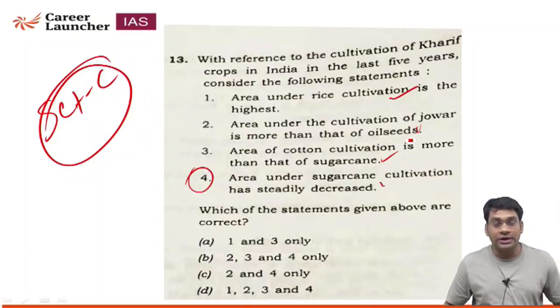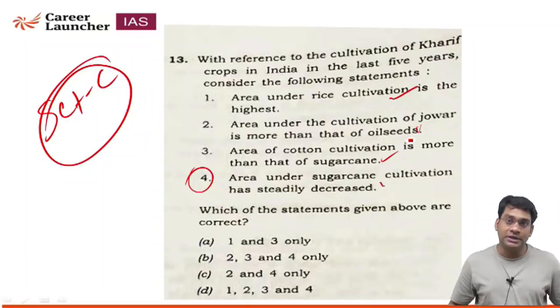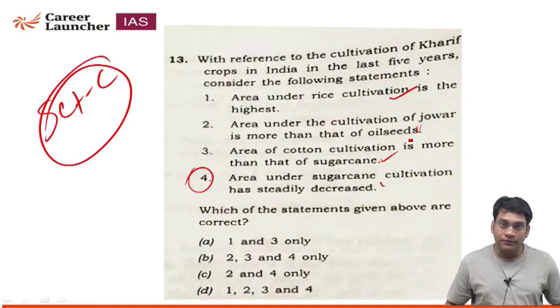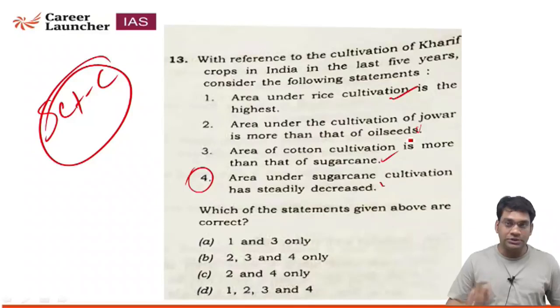Students, you should know sugarcane is a crop which mainly grows in North India, and cotton is a crop which grows in southern India. But because of the failure of cotton cultivation, sugarcane cultivation was introduced in the southern part of our country. So statement 4 says that the area under sugarcane cultivation has steadily decreased.